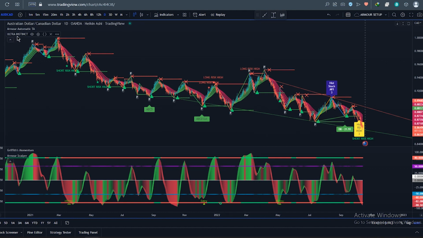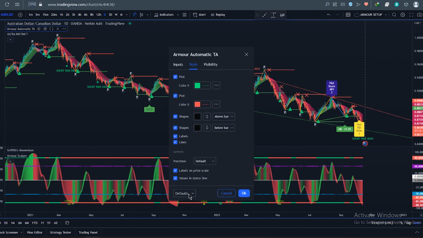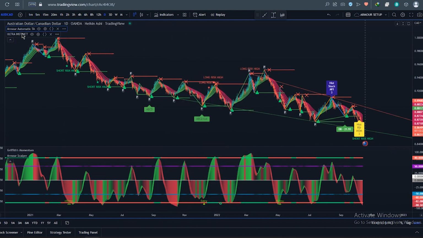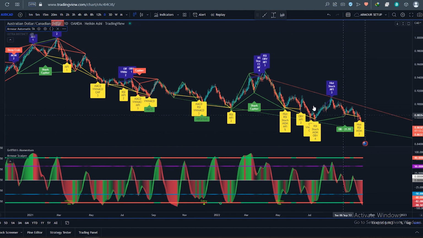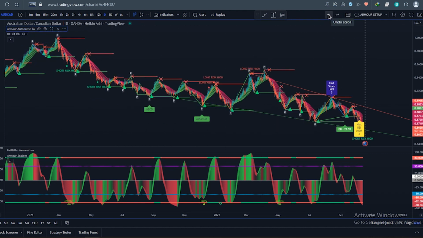So let's discuss more deeply about Armor. I'll start with the settings. Armor automatic TA settings. On default, if you reset the settings, it will look like this, but the settings I'm using will look like this.